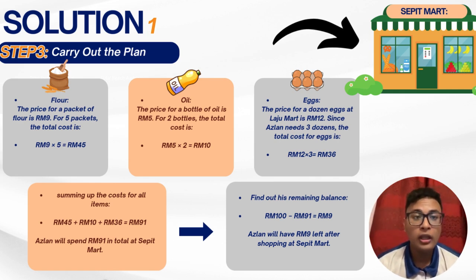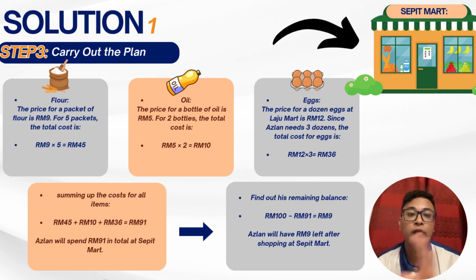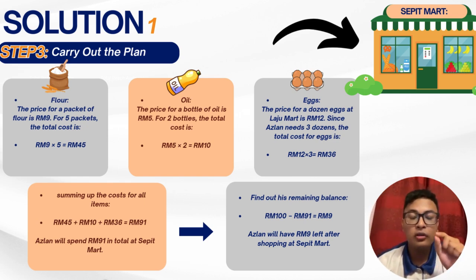And for the oil, Azlan needs 2 bottles of oil, and the price of each bottle is 5 ringgit. So we need to multiply 5 and 2, which equals 10 ringgit. And for the eggs, Azlan needs 3 dozen eggs, and the price of a dozen is 12 ringgit.